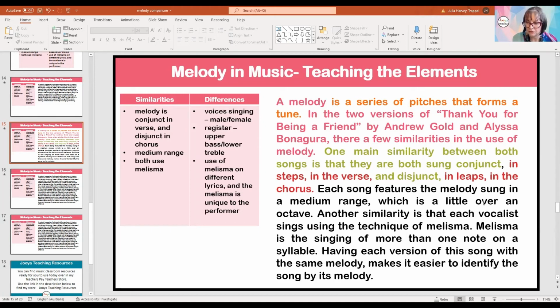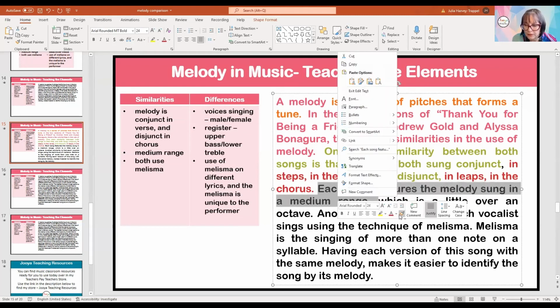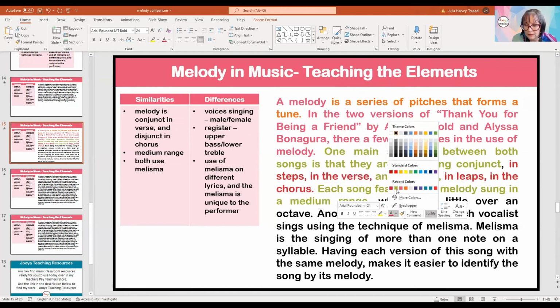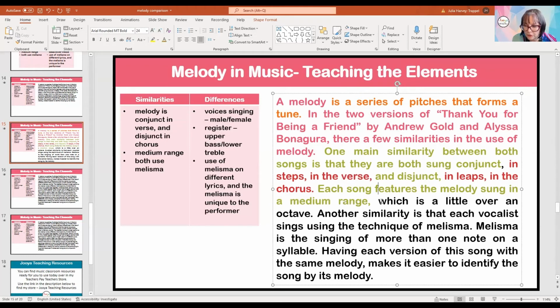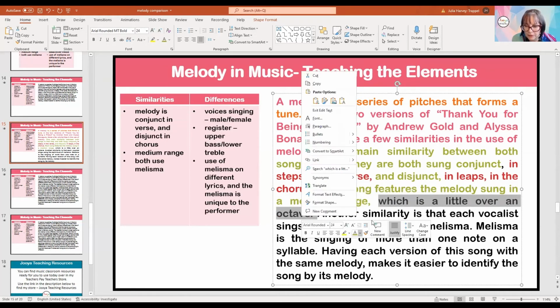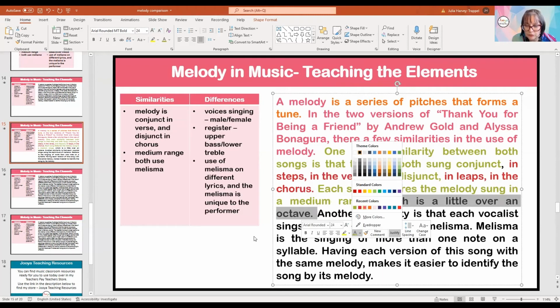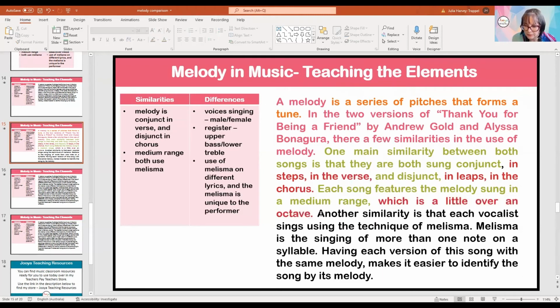So the next bit, each song features the melody sung in a medium range. So that is again another sample, so we'll make that green. And the next part, which is a little over an octave, is explaining what that range is. And we could have explained even further what the range of something is. Another similarity is that each vocalist sings using the technique of melisma.